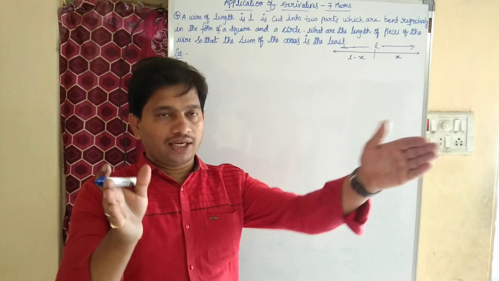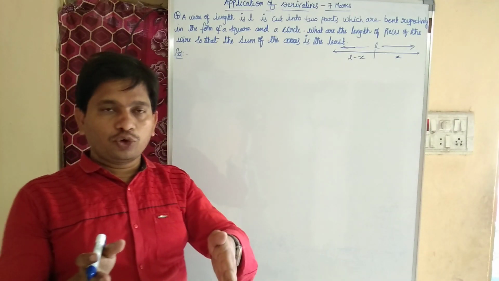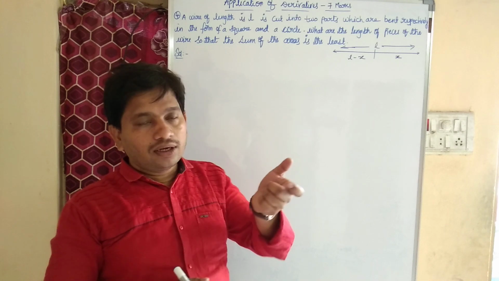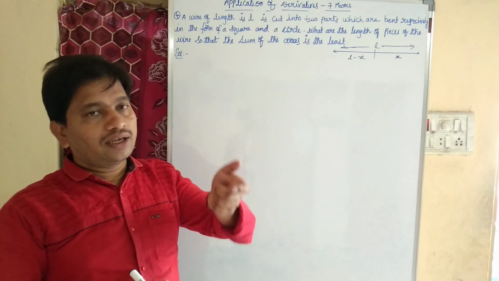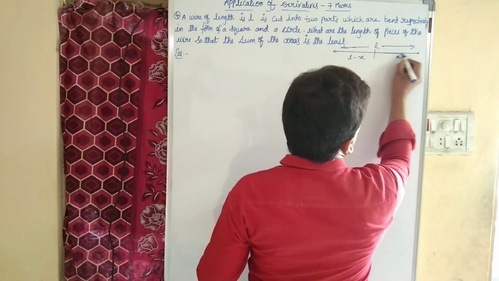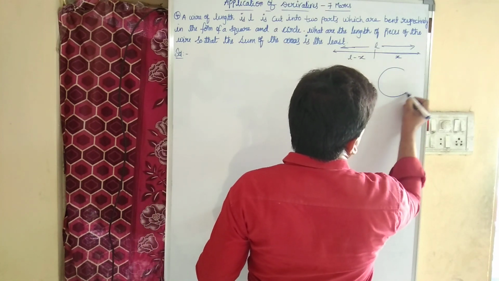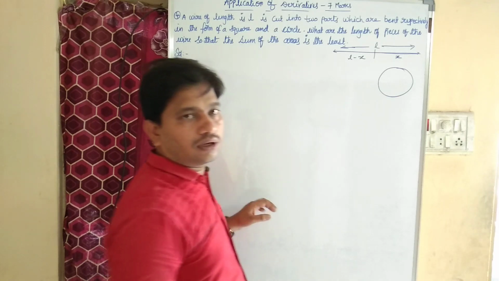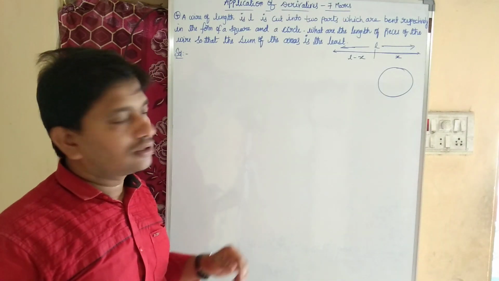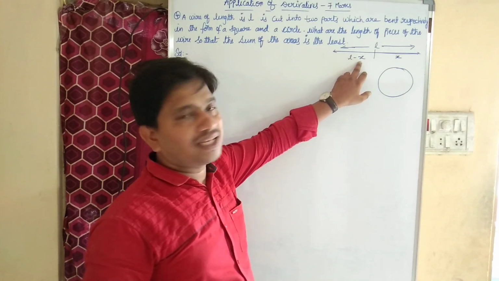Total length of the wire is L. They cut it into two parts such that the length of the wire that is cut is x units. If the cut part is made into a circle, let it be x units. Then the remaining will be L minus x. Yes or no, children?